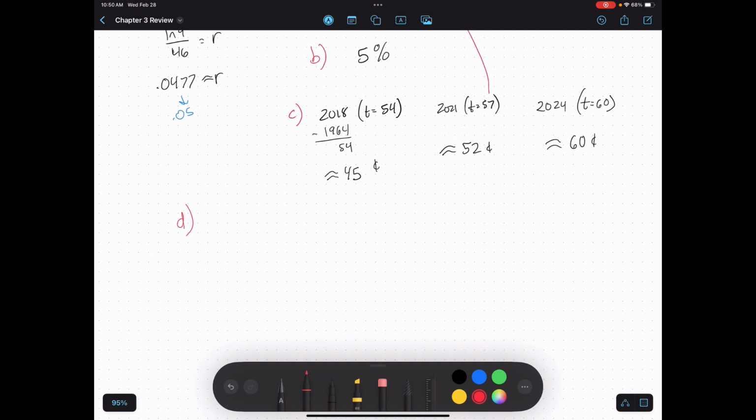So what it wants me to do is compare, because this advertising firm has two different options. It can keep buying 10,000 stamps every year, but if they do that, prices are eventually going to go up.